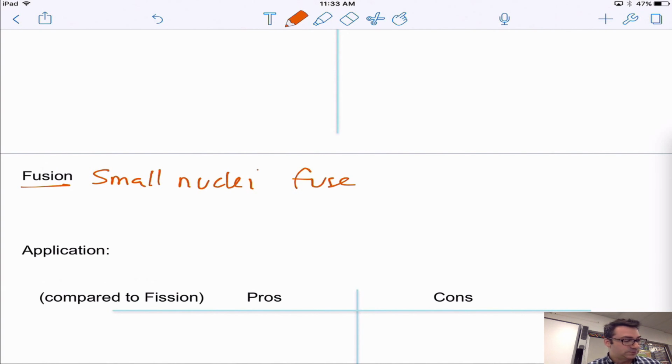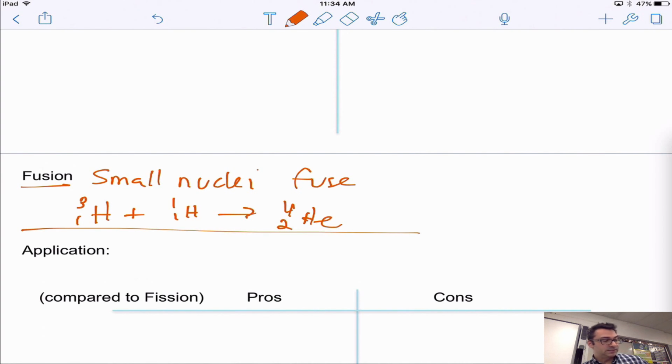Normally we would work with two forms of hydrogen, one being tritium and the other one just being hydrogen, and we would form helium from this. We'll watch a video on fusion, but this is very, very hard to do. The idea is to produce helium and energy from this as well.